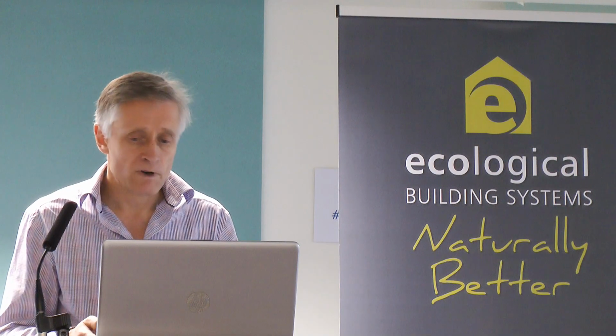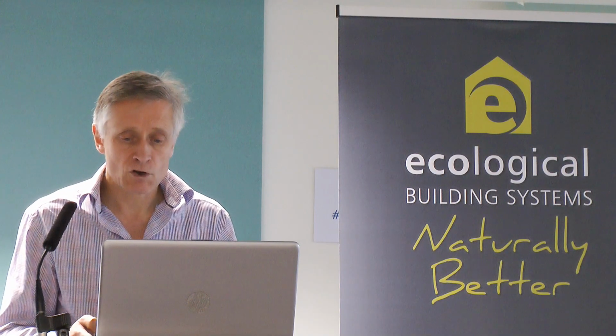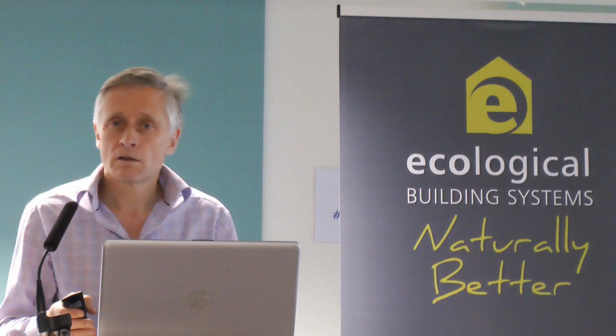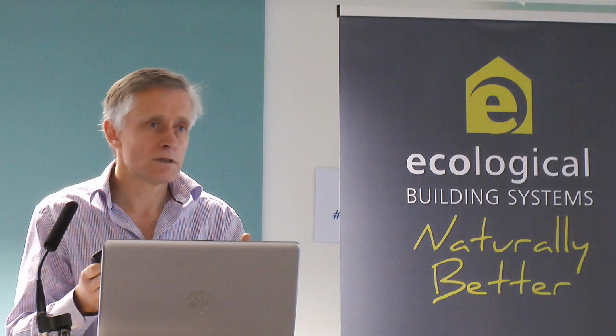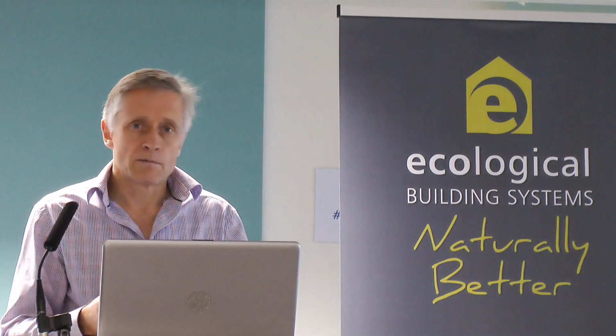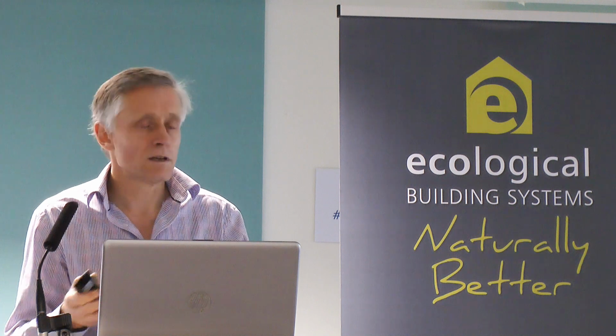So, very quickly then, in conclusion, there is obviously a lot of benefit in minimising unplanned air leakage and having wind barriers on the cold side of insulation. And that's not just fibrous insulations, but rigid insulation as well, because when that's installed between joists or rafters or whatever, it's rarely done perfectly, and things change with time.